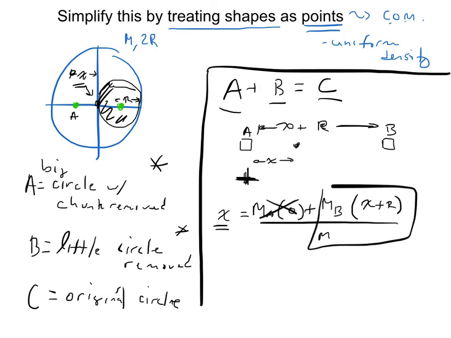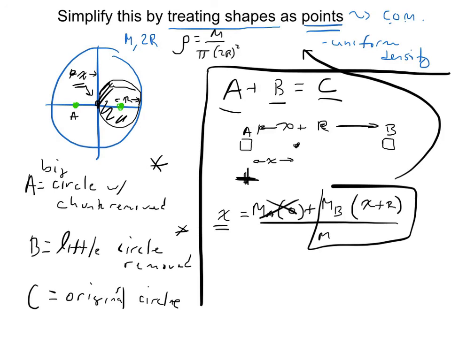And to find the mass of B, let's do that work up here. To find the mass of B, what we know is that the density of the whole circle is going to be its total mass over its area, which is pi times 2r squared.